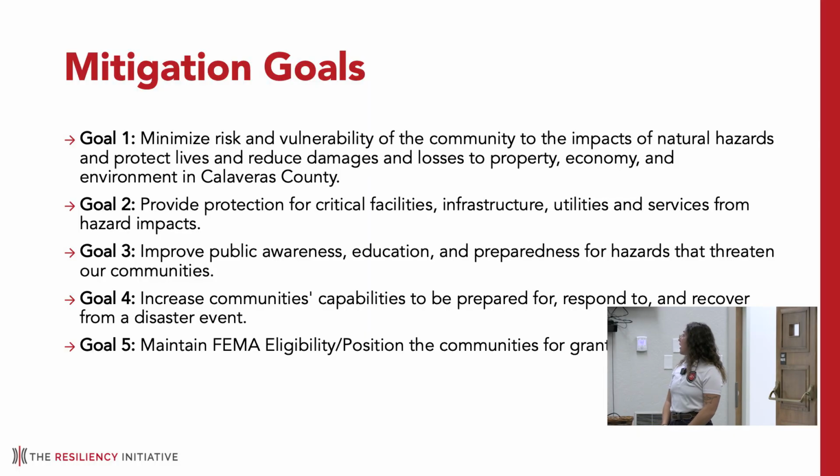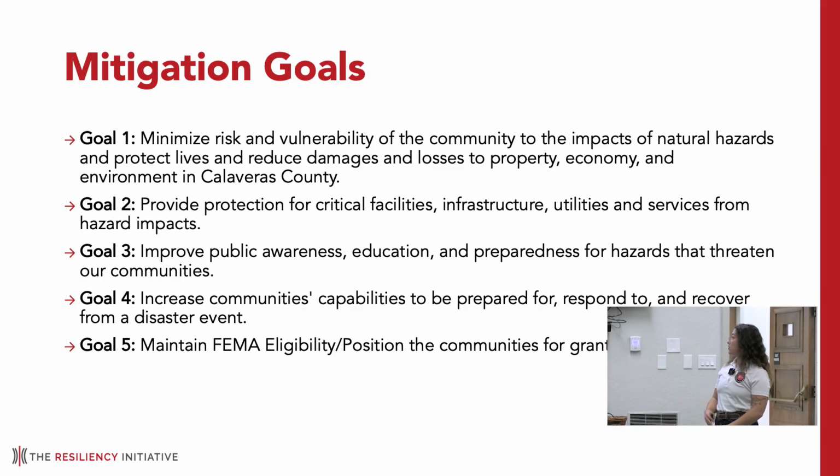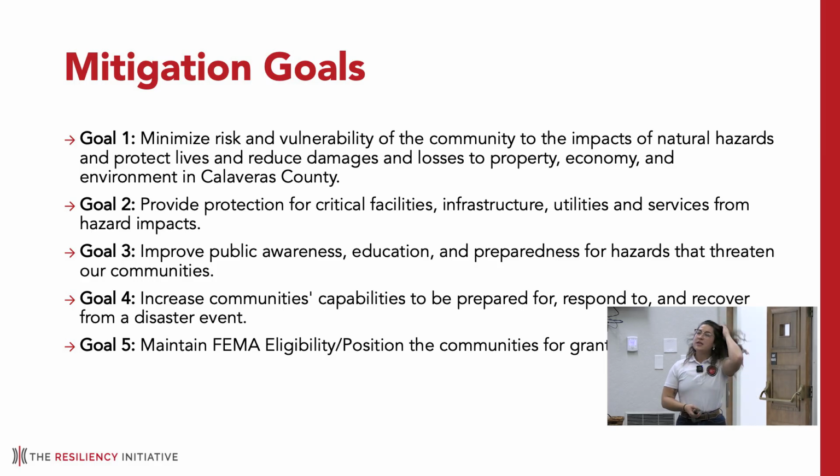Goal number 4, increasing community capabilities to be prepared for, respond to, and recover from a disaster event. So I think with this one, what I like to remind people of is that community is the backbone of everything. Yes, we can all respond to disasters on our own, but that's not going to give you the ideal outcome that you're looking for.